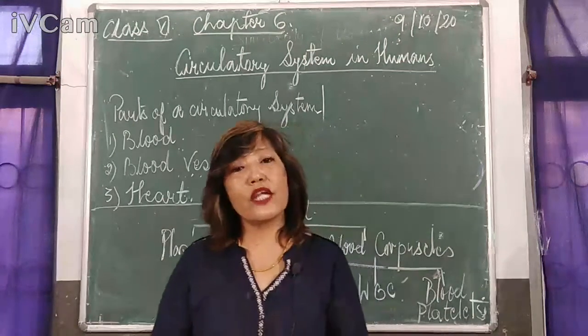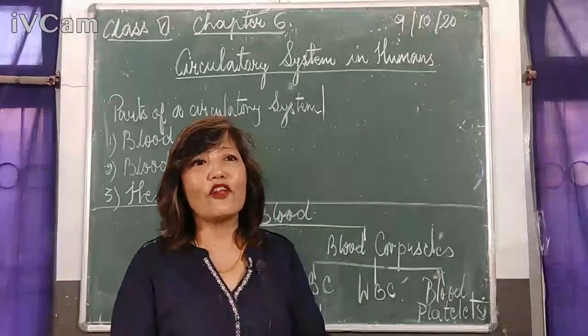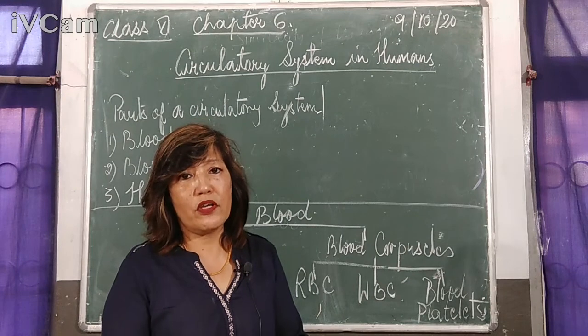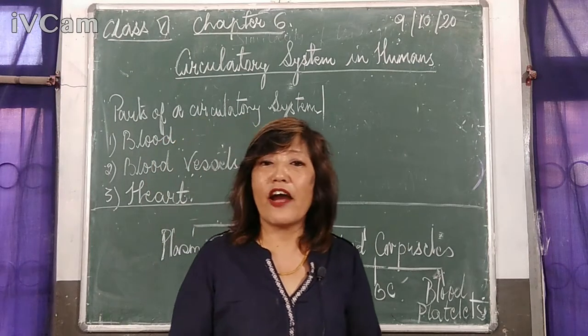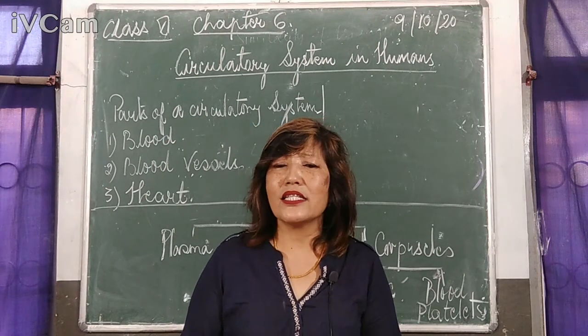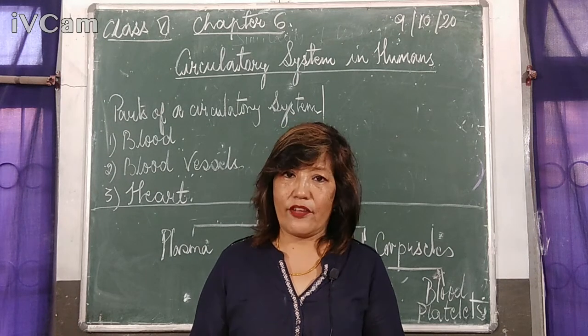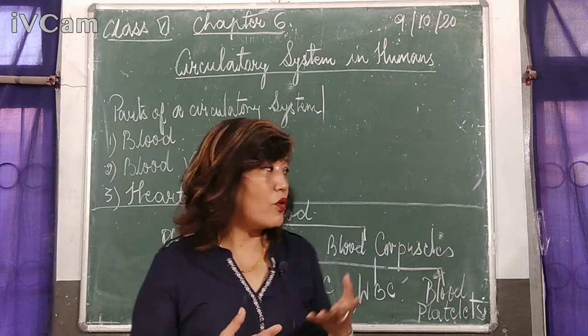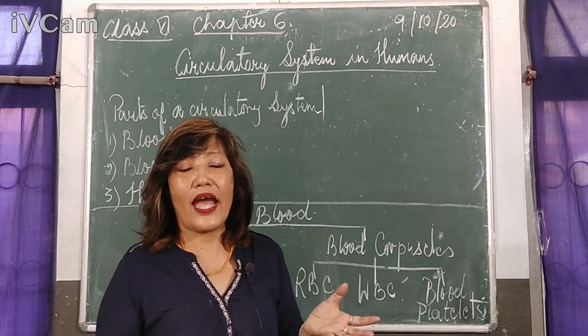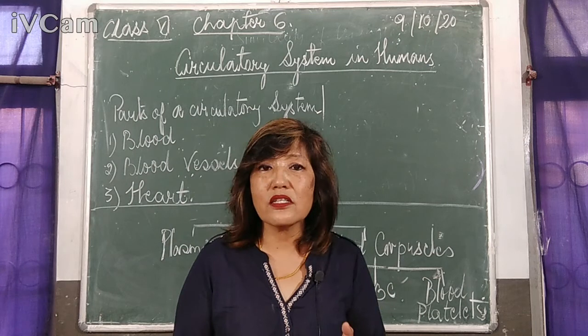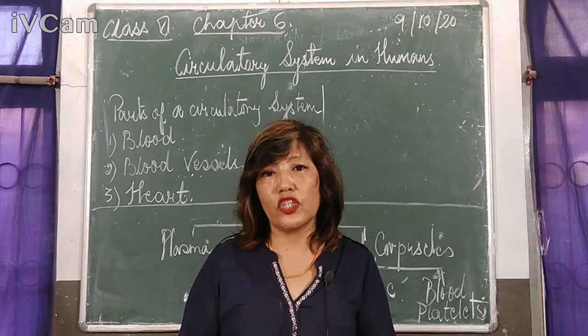Okay, so these white blood cells flow in the bloodstream to fight against viruses, bacteria, and certain foreign invaders which threaten our life. That's why these white blood cells are immune cells which help to destroy germs.